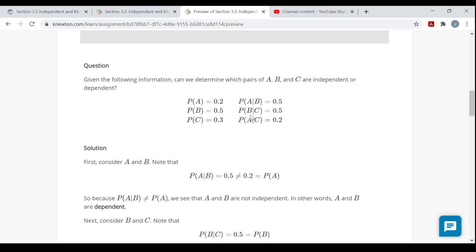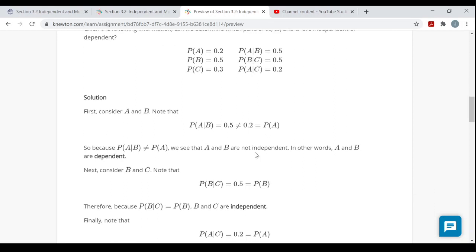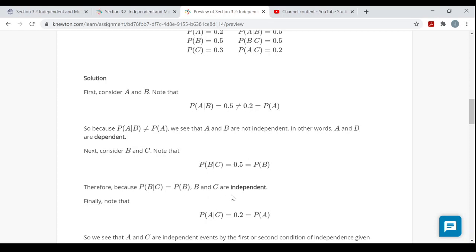Same thing, look at this. The probability of B was a half. The probability of B occurring, given that C occurs, is still a half. So with C happening first, the probability of B is still a half, just as if it were on its own. So B and C are independent, and they show that here.